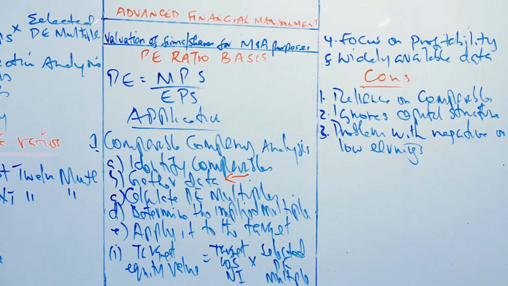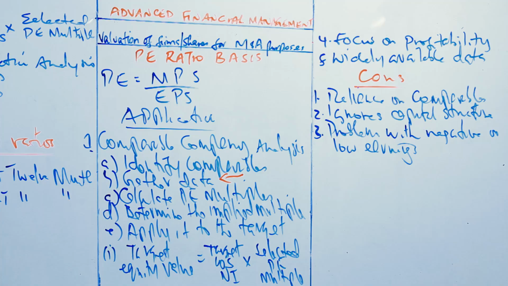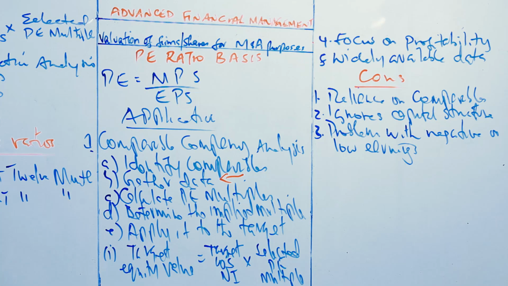How is that a drawback? It is a drawback because for companies with no earnings or negative earnings, or what we call losses, or those with highly volatile earnings, the PE ratio is meaningless or highly unstable, and this makes it unsuitable for early stage high growth companies that are not yet profitable.